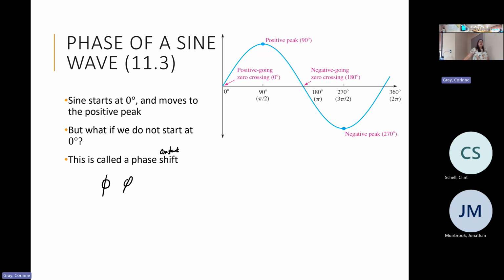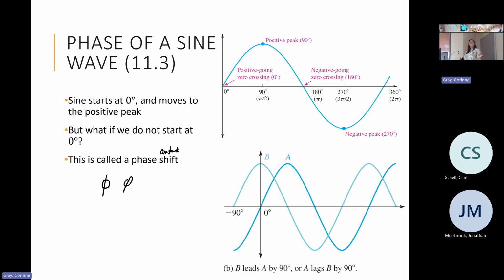What's cosine of 90 degrees? Okay, what's cosine of 0 degrees? What's cosine of 180 degrees? Negative 1. It looks something a little bit like this.